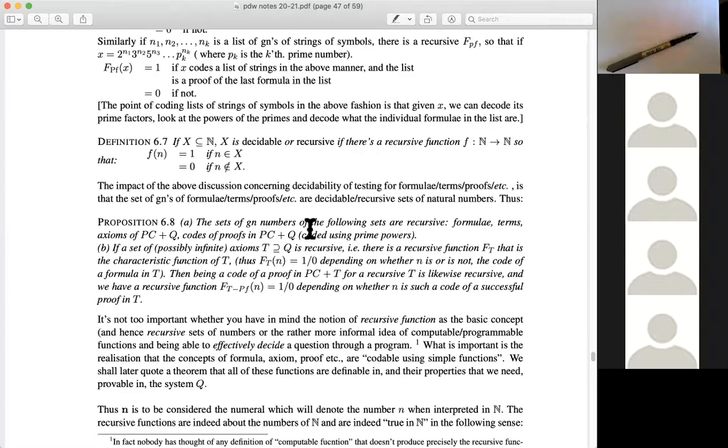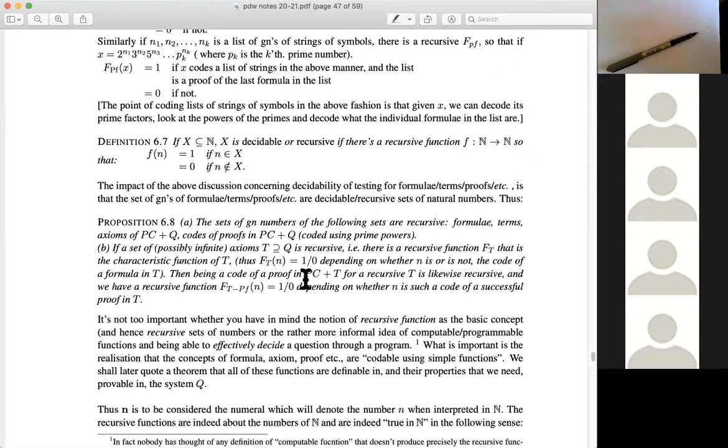So all of these sets of numbers, they've got recursive characteristic functions. And the expansion of the idea is to say, again, if I take axioms extending Q, as long as I've got a recursive function that's the characteristic function of code numbers of axioms in T, I'm calling this f sub T here, right?